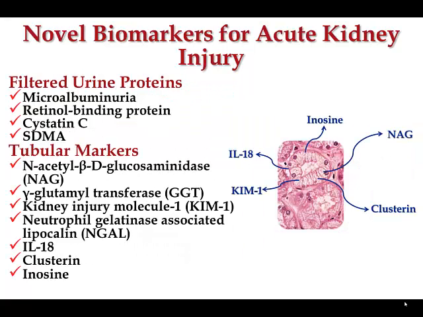Well, we have some biomarkers, and this is certainly an extremely active area of investigation, not just for the kidney, but for all kinds of organ systems. And for the kidney, we've got a series of biomarkers that are ordinarily filtered at the glomerulus, and then become useful with detection in the urine or detection in the plasma because they're modified subsequent to filtration by the tubular epithelium.